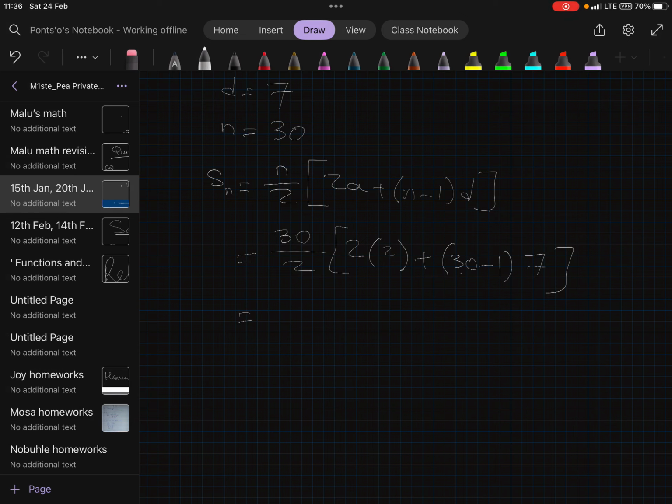And then we multiply it by 30 divided by 2, or 15, and that gives us how much? 3105. All right, so we've got the sum to the 30th term is 3105.